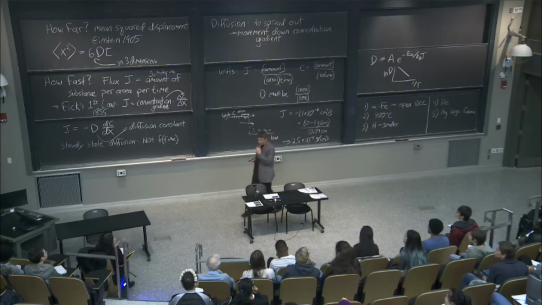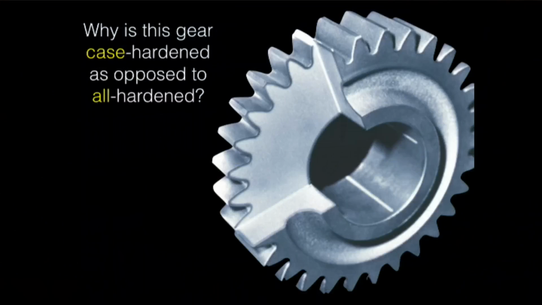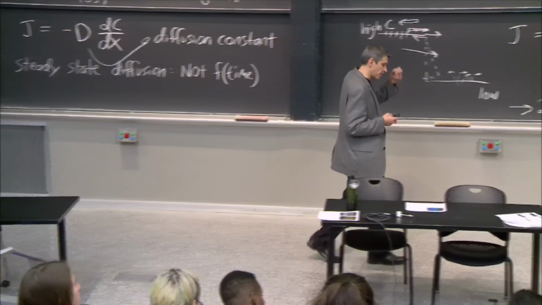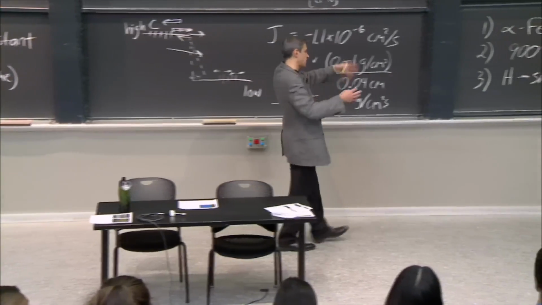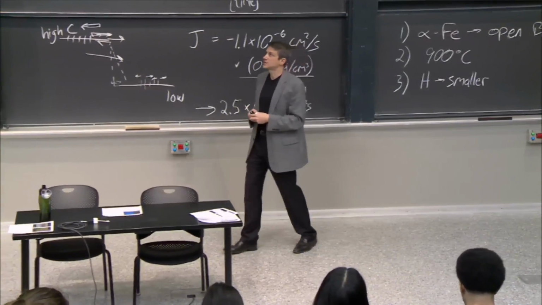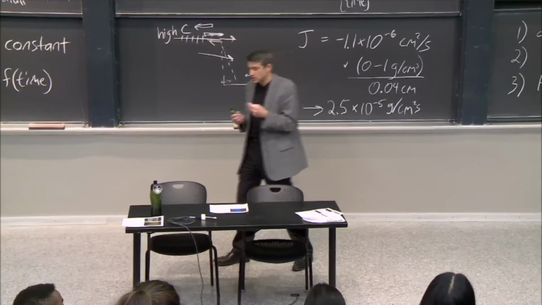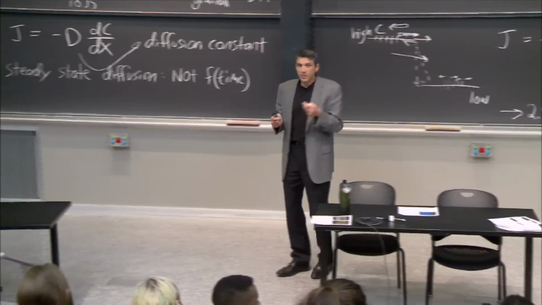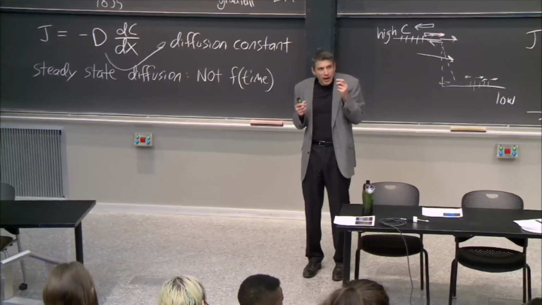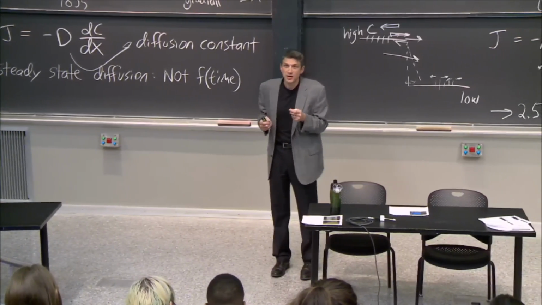Okay, and now we get to the next part, which I'll just introduce, which is now we're going to think about time, and I want to set this problem up, and then we'll solve it on Wednesday and then finish. But I want to set it up because the next thing that's related to diffusion is time. And I want to give you an example of how that's so important with something called case hardening.